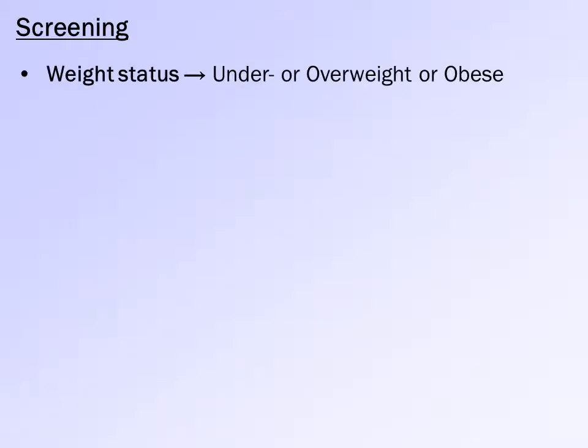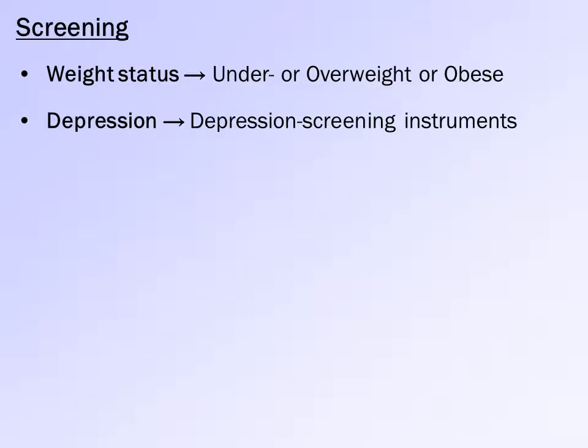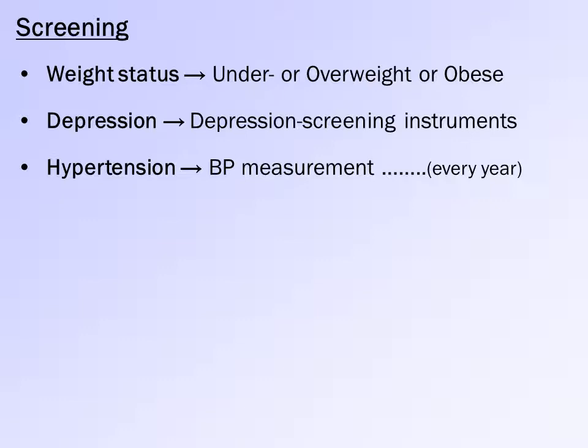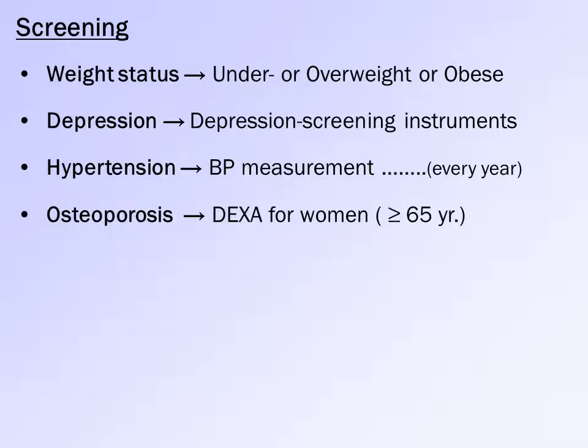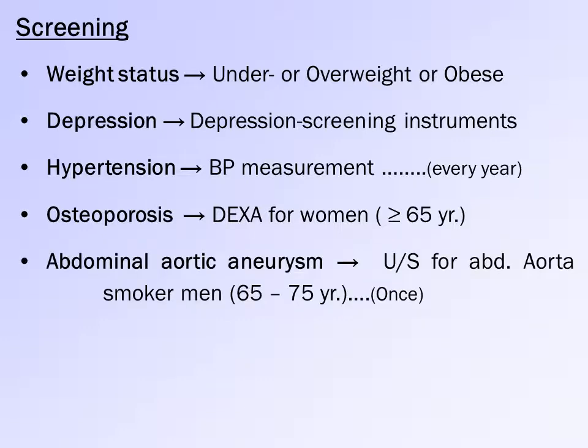For screening: weight status, whether the individual is underweight, overweight, or obese; depression by the use of depression screening instruments; hypertension by measuring blood pressure every year; osteoporosis in women by the use of DEXA for women aged 65 years or older; abdominal aortic aneurysm by ultrasound of the abdominal aorta for smoker men between the age of 65 and 75 years at least once.